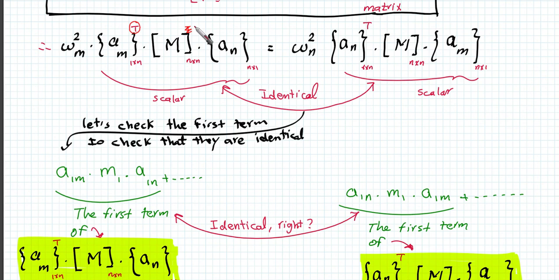So we didn't do anything; we just removed the curly braces and the T, and we put AM transpose times the mass matrix times AN, as it is from the beginning. Similarly, we are going to do the same for the right hand side: AN transpose times the mass matrix times AM.